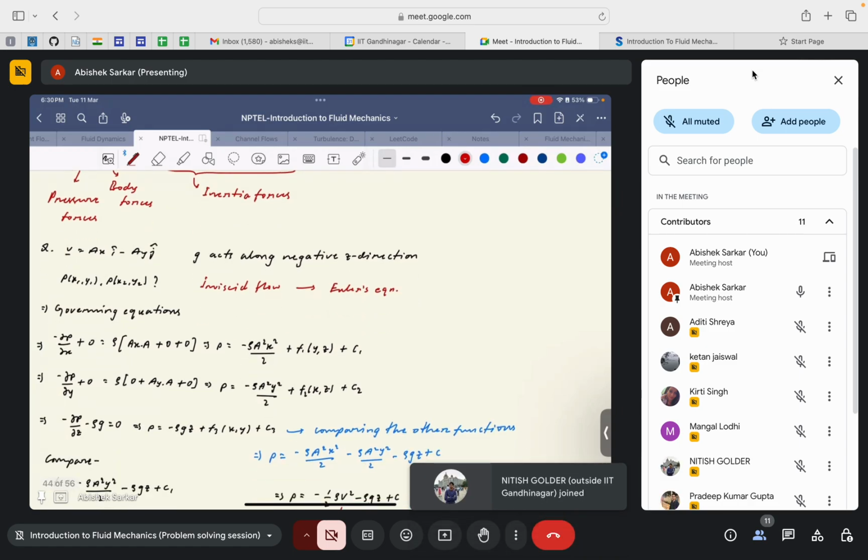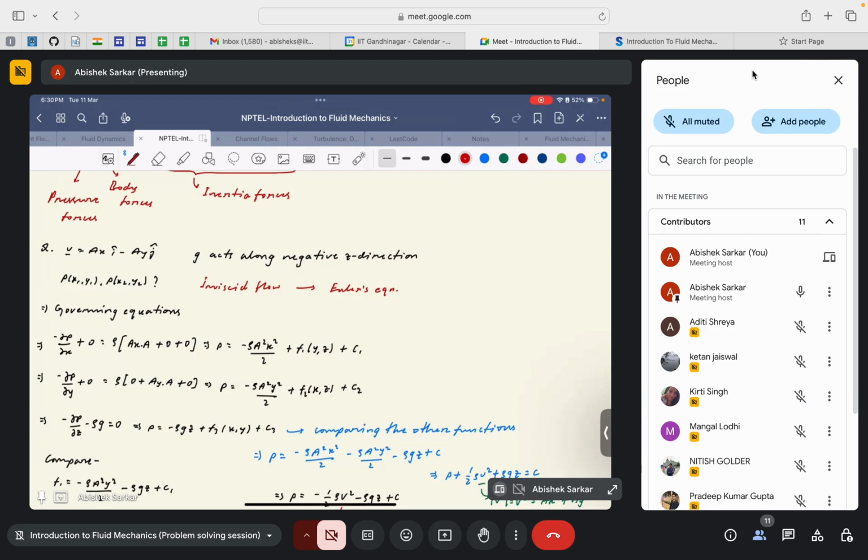Or in other words, if I would like to add one more thing, if you don't know anything, say if you're just stuck in a problem of fluid mechanics, then as I mentioned, apply the continuity equation, the momentum equation, and the energy equation. So in this case, since temperature is not mentioned, we are only dealing with continuity and the momentum equation.